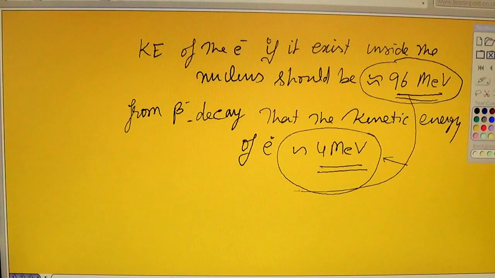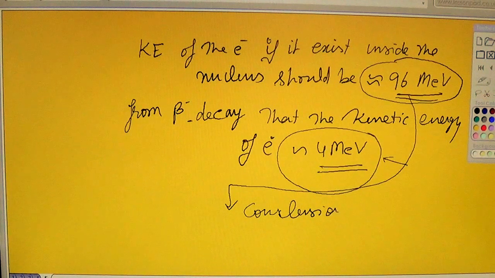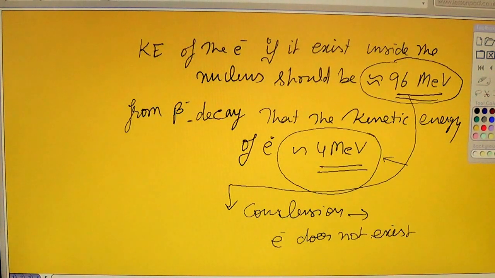So the conclusion from this result is that the electron does not exist inside the nucleus.